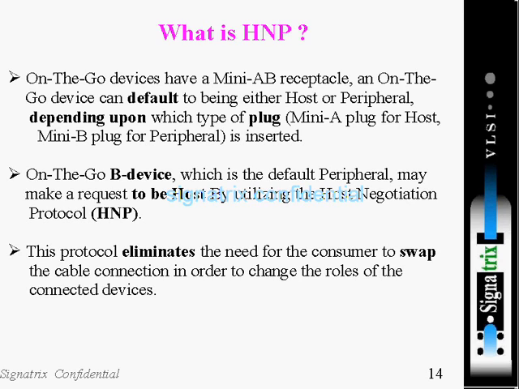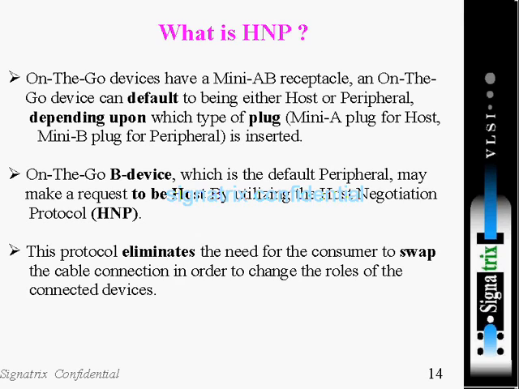HNP, as we discussed at the initial time: depending upon the cable connection, one mobile will act as a master and another mobile will act as a slave. But if we want to change the roles of those mobiles without changing the cables, this HNP protocol is needed.